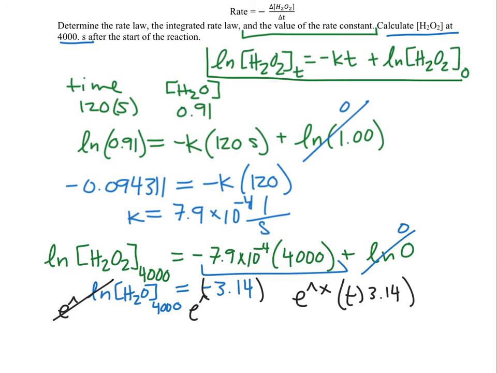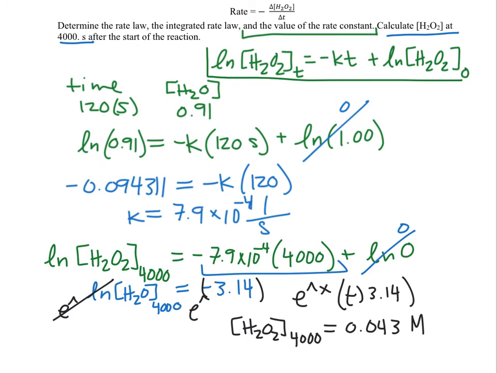And then you should get that the concentration of the hydrogen peroxide at 4,000 seconds is equal to 0.043 molarity.